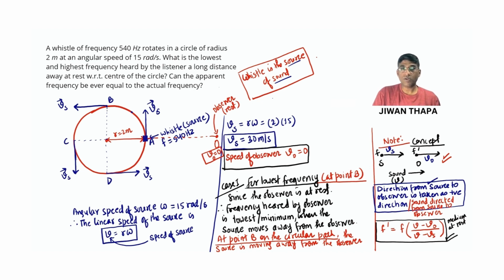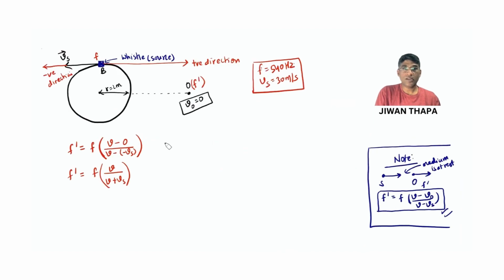So the speed of sound, let us take this: V equals 330 meter per second. So we are taking the speed of sound as 330 meter per second.